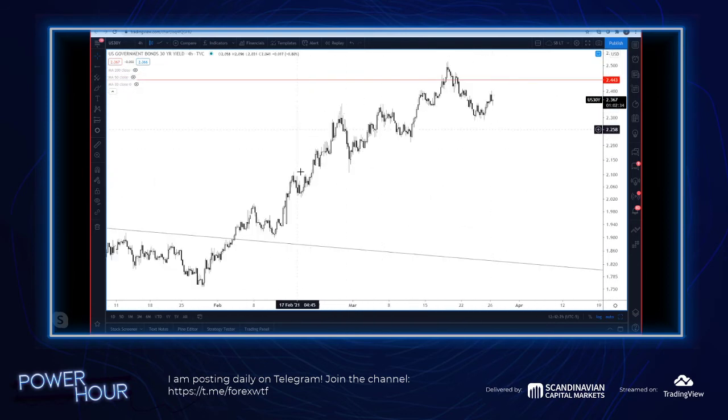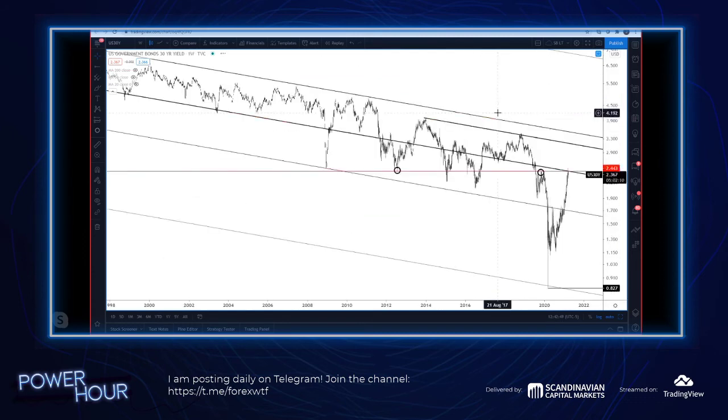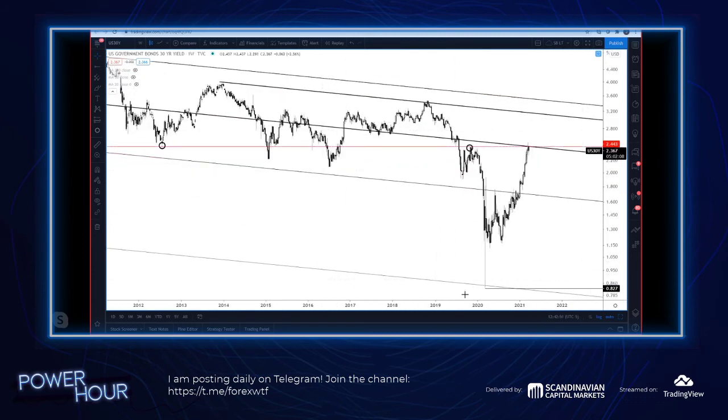You can see that we're trading at about 237. And we topped last week at 251.6. So we have come off some. Nothing to write home about just yet, but that's where we are. And we're at huge resistance. So here's that 30-year yield, right?